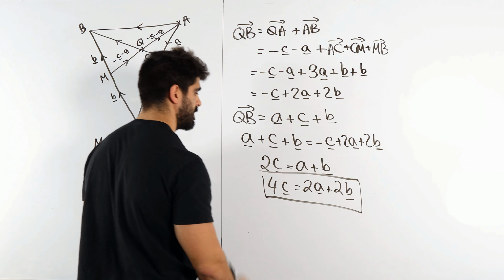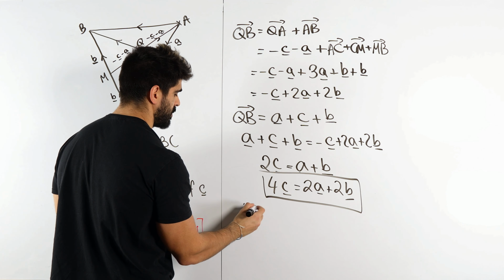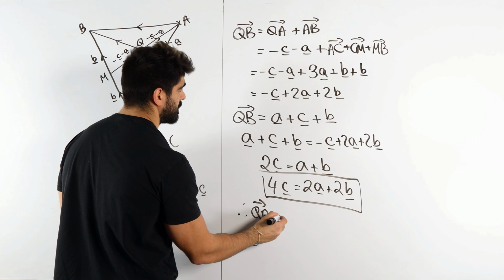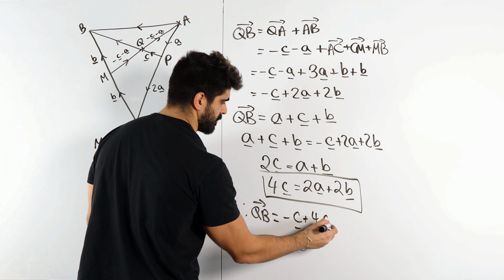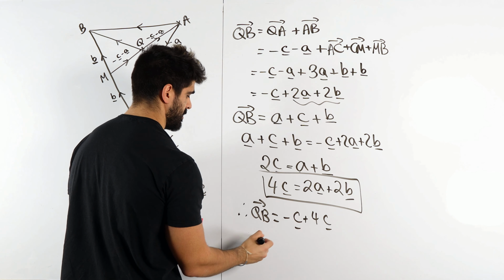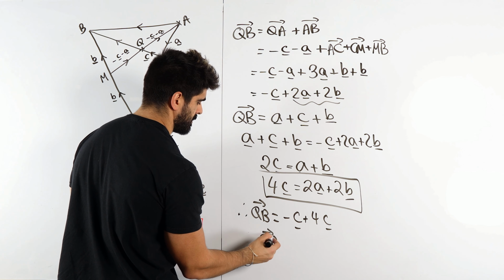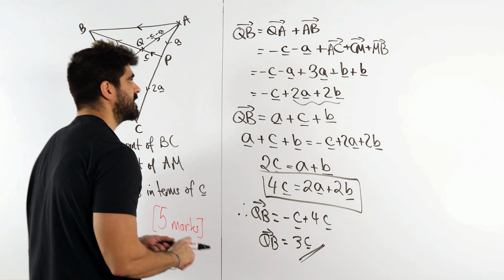Nice. So then that 4C can go in here. Therefore, QB is minus C plus 4C. Yeah, that's that bit. So therefore, QB is 3C. Damn. I've never seen a question like that before.